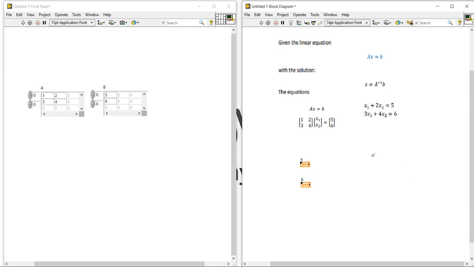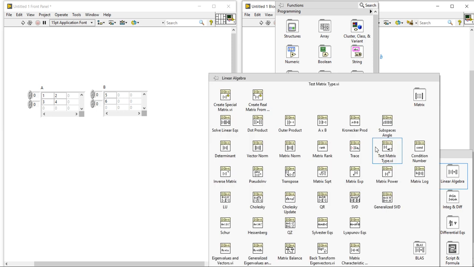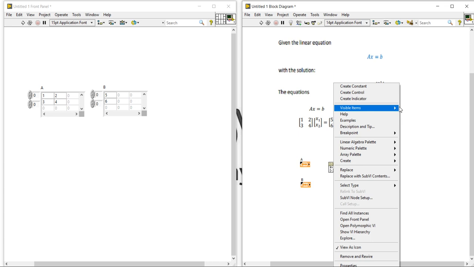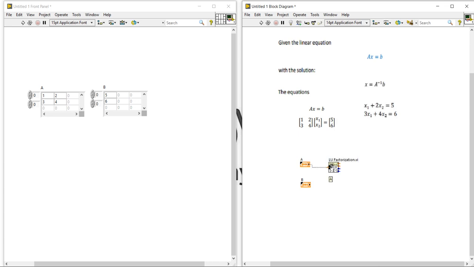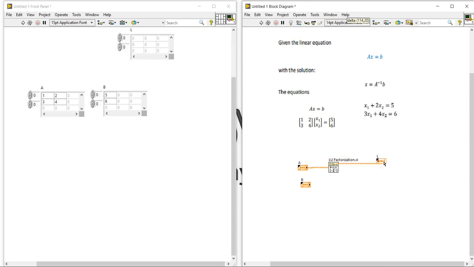So let's find the LU. For that, come into linear algebra, you will get LU here. Take the LU, place it here and connect it with A. So we will find the LU factorization for A. This is the L value, and this will generate the U value. So both are different factorizations.